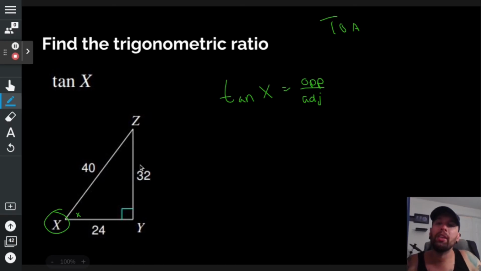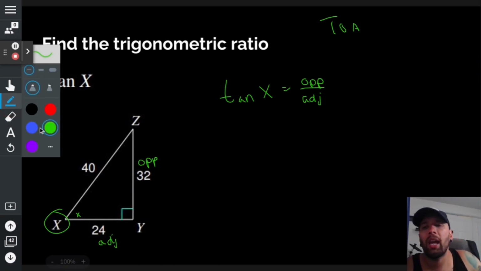I care about the opposite side, the side opposite to X. That would be 32. So 32 is my opposite. Which one's my adjacent, 40 or 24? Well, 40 is the hypotenuse, and the hypotenuse is always the hypotenuse, so it's not you. It's going to be 24.